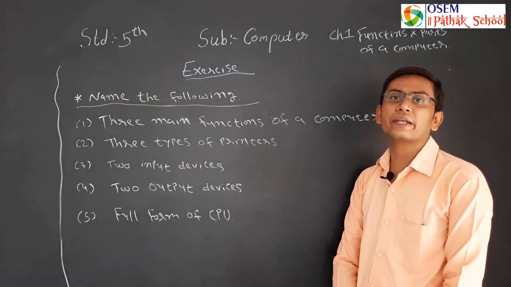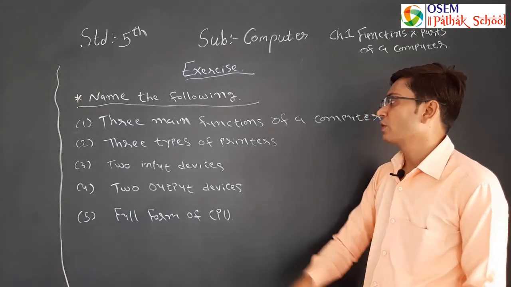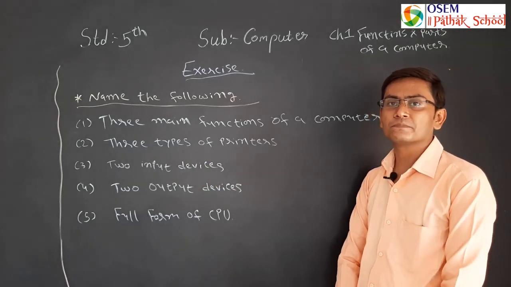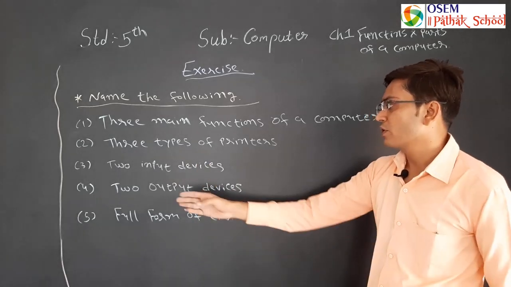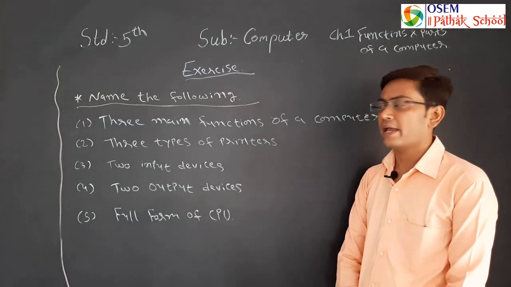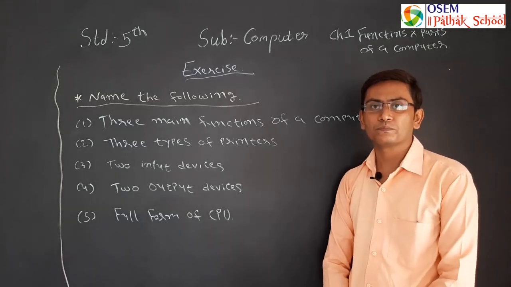Now you can give the names of three types of printers. Any two names of input devices. Next is two names of output devices, and last full form of CPU.